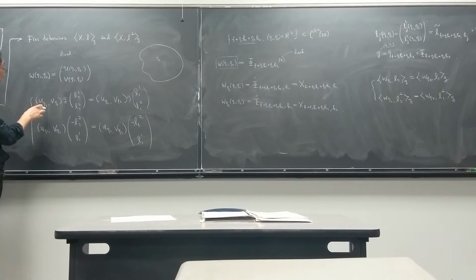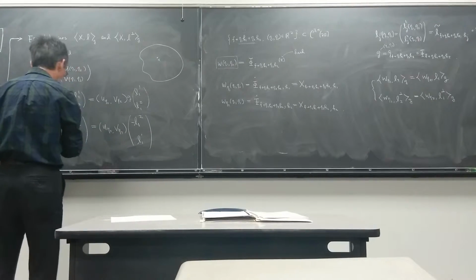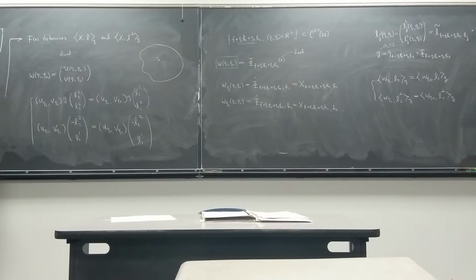So this system is with regard to eta 1 and eta 2. But in general, there is still a problem with unknowns. So there is a question that is unsolved. What kind of system is this? It's still unsolved.